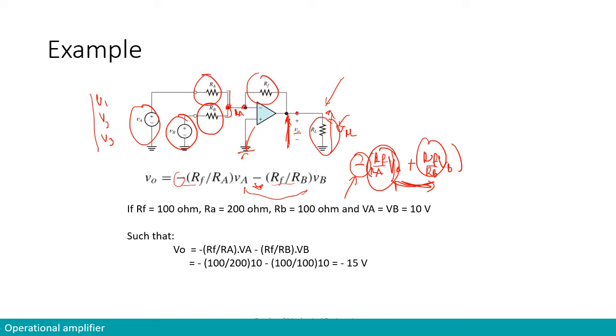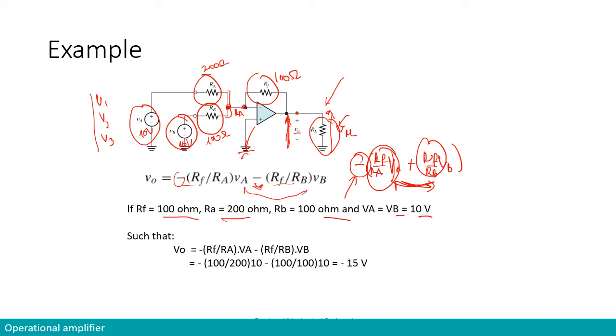So here is an example of application. Imagine we have RF equal to 100 ohm, RA 200 ohm, and RB 100 ohm. We have VA equal to VB, both of them 10 volts, right?